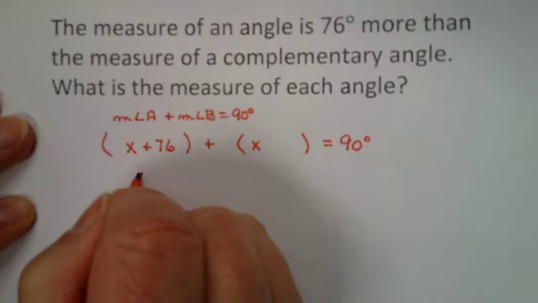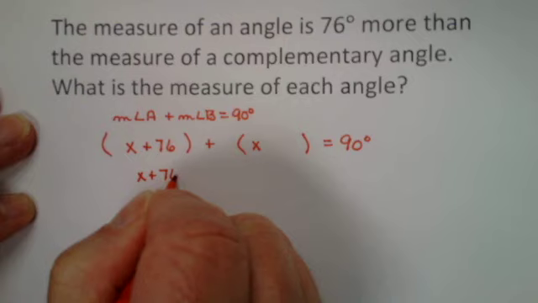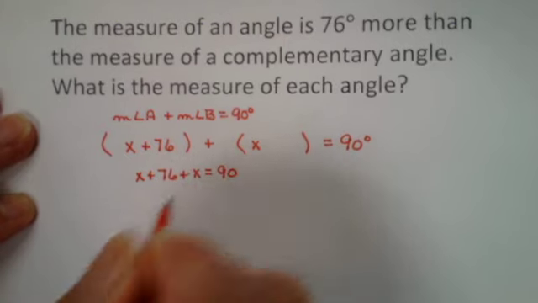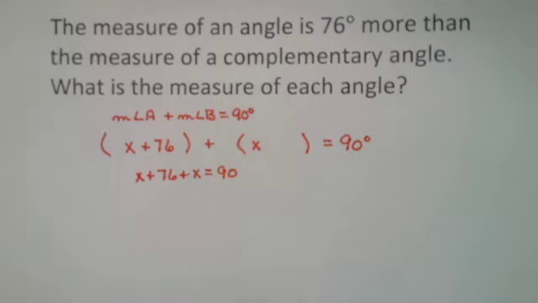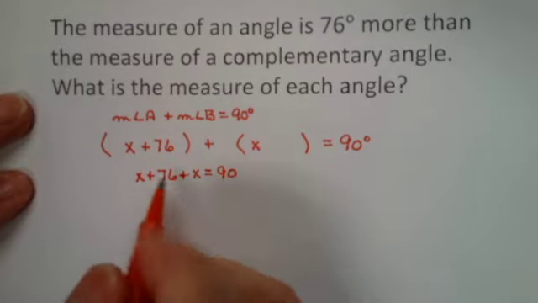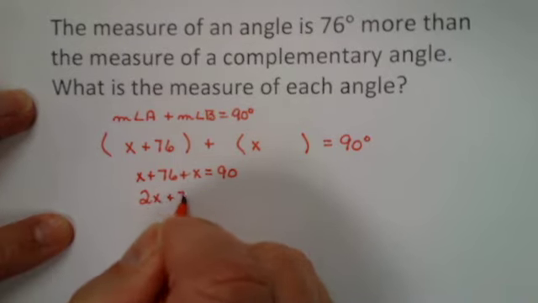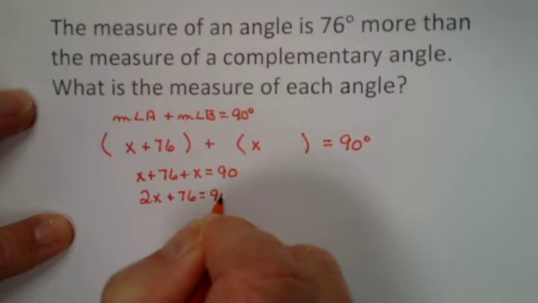So my equation looks like this. X plus 76 plus x is equal to 90. I need to solve this. First thing I need to do to solve this is combine like terms, combine these x's together. I get 2x plus 76 equals 90.